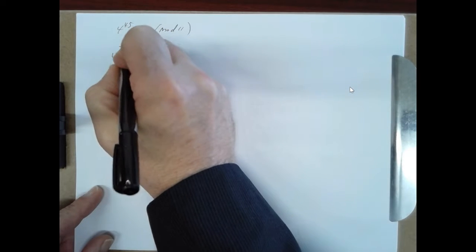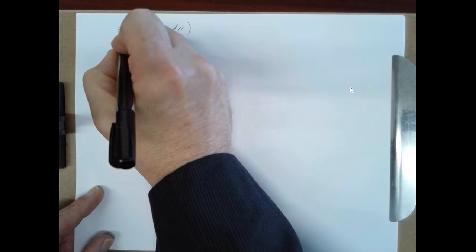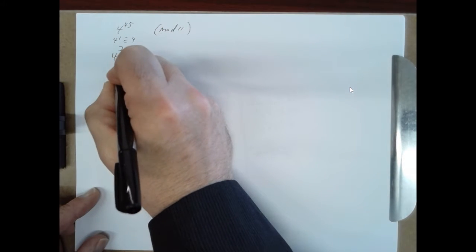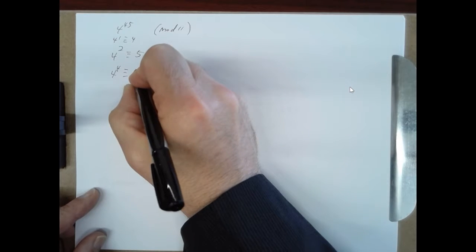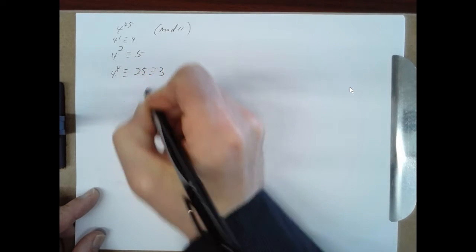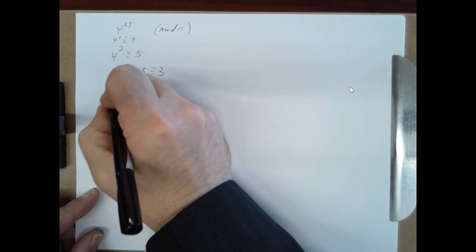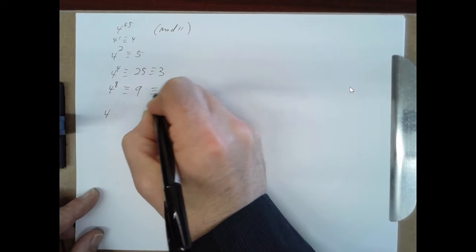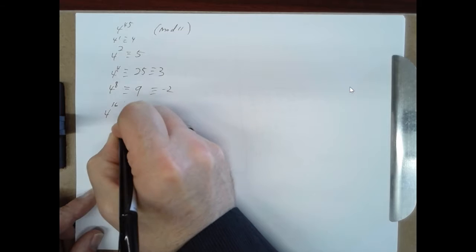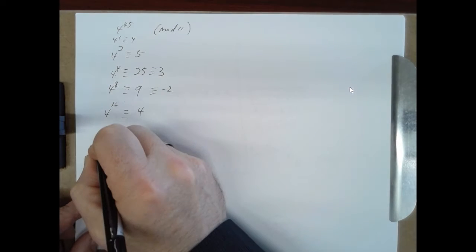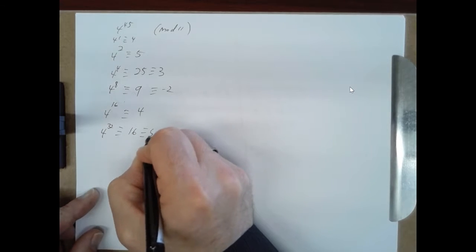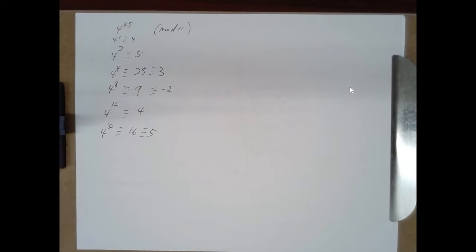So 4 to the first is just 4. 4 squared is 16, which is 5. 4 to the fourth is this thing squared, which is 25, which is also congruent to 3. 4 to the eighth is 9, which is also negative 2. 4 to the 16th will be negative 2 squared, which is 4. 4 to the 32nd will be 16, which is 5. And that's as far as we have to go.